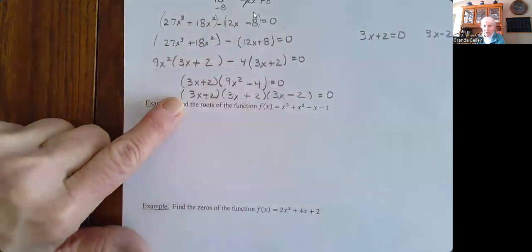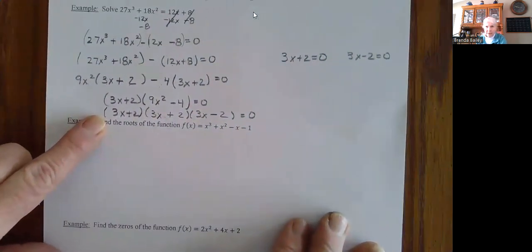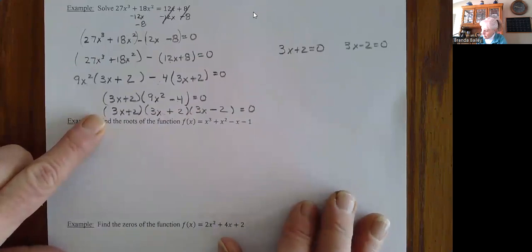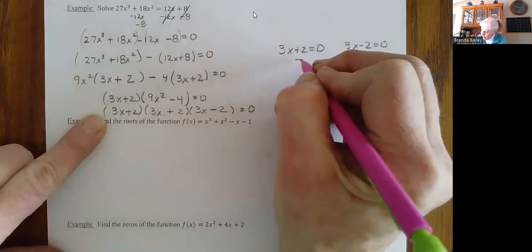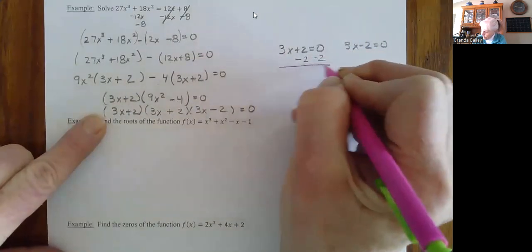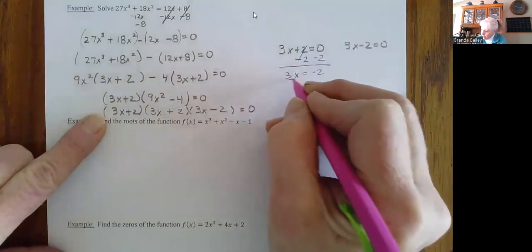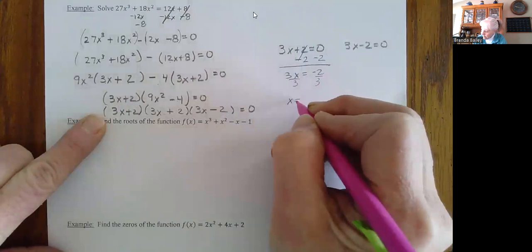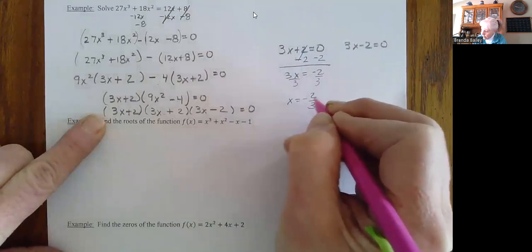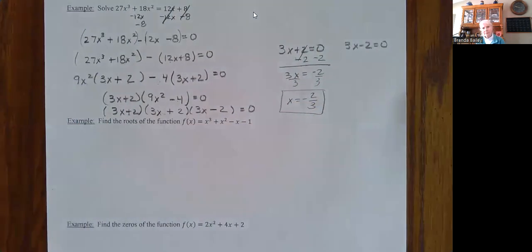One of them has to be 0. So you subtract 2, divide by 3. So there's an x-intercept, negative 2/3.